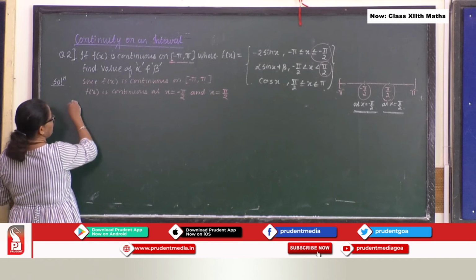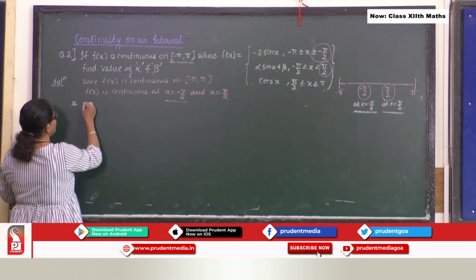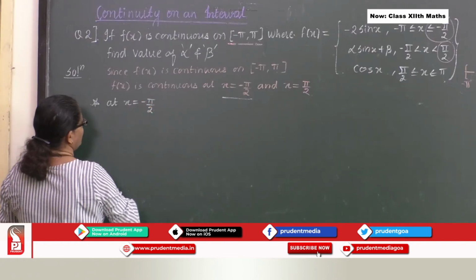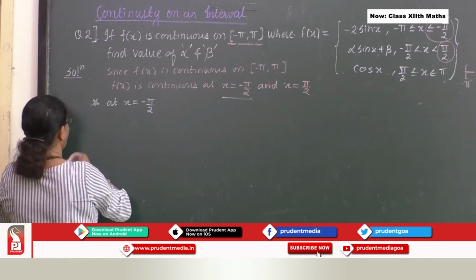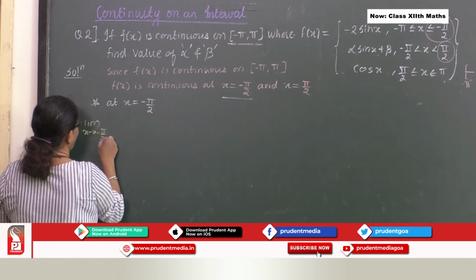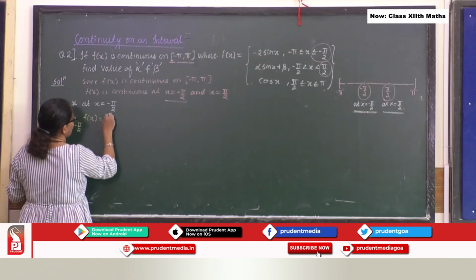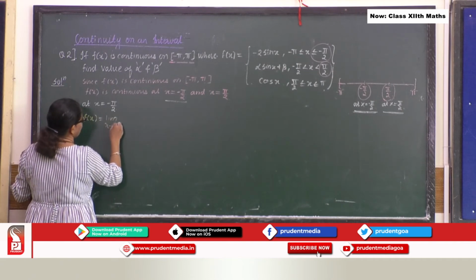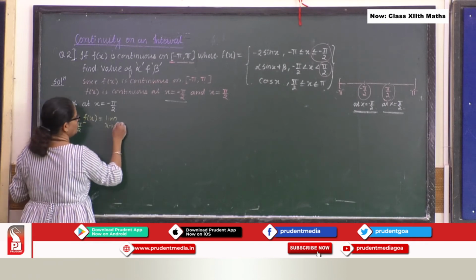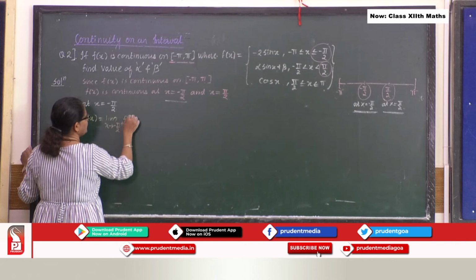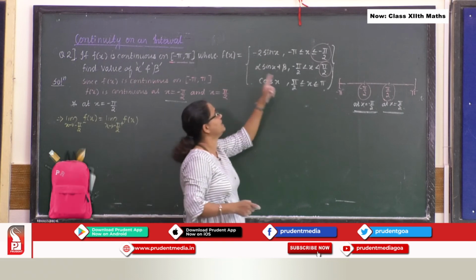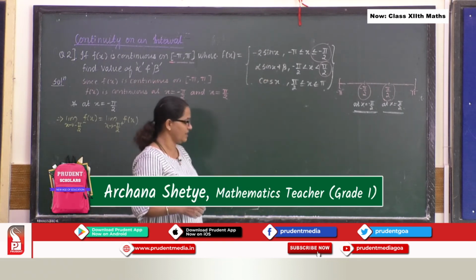Let me consider the first point, at x equal to minus pi by 2. Here I say the limit as x tends to minus pi by 2 minus of f of x is equal to the limit as x tends to minus pi by 2 plus of f of x. Let us see which definition comes under the left hand limit and which under the right hand limit.